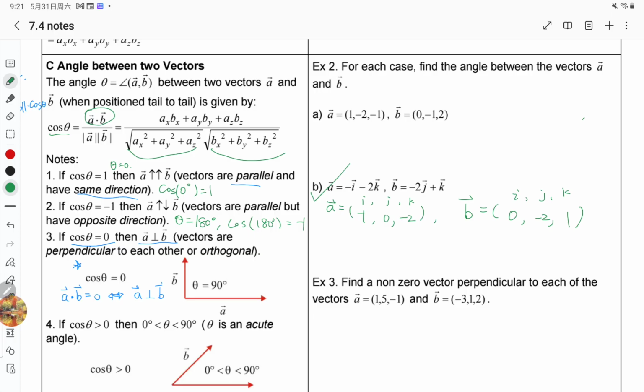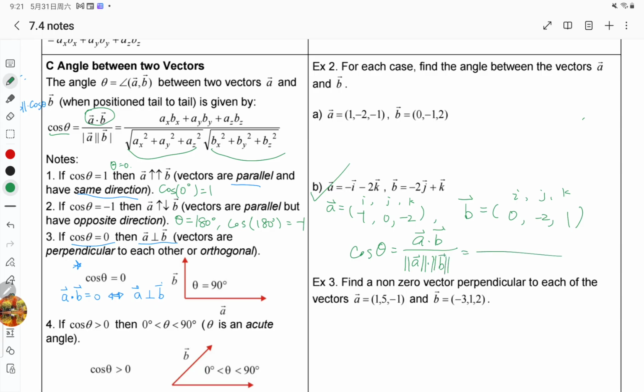And then to find the angle, cosine theta is the same old trick, nothing new, right? I think this is the third time I've written it down, so I think it can be easy for you guys.